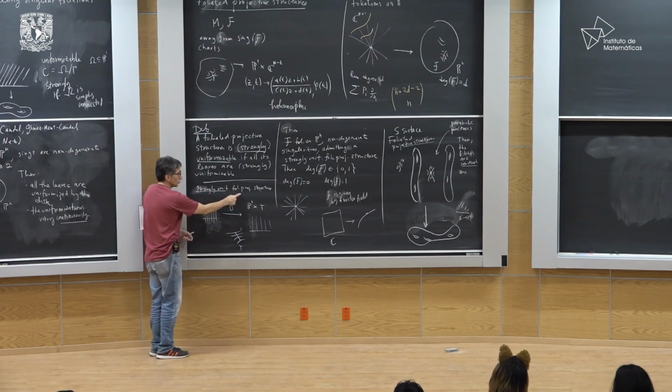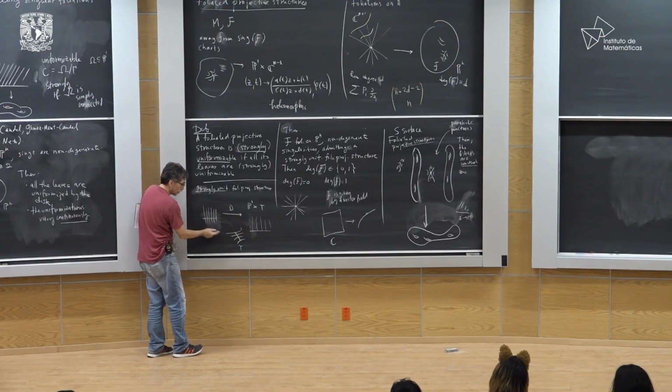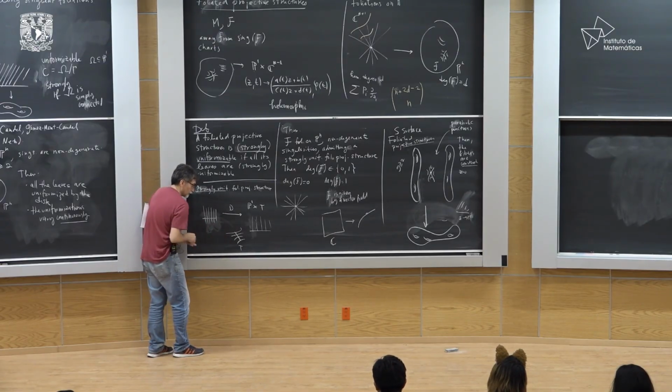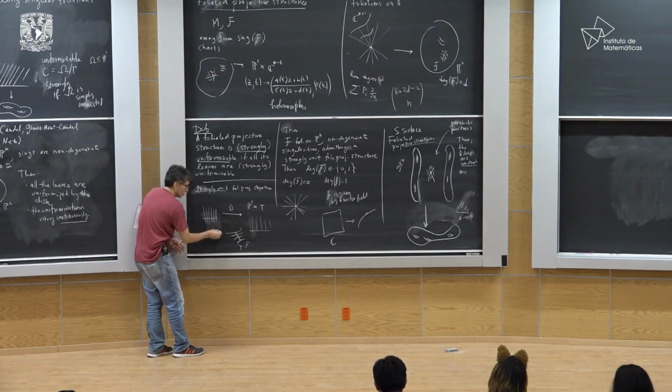So if I have a strongly uniformizable foliated projective structure, Ilyashenko explained to us how to glue the universal coverings together. Here is my foliation. Here I just took the same transversal and glued. So I have the leaf here, and I have here the universal cover of the leaf with this point.